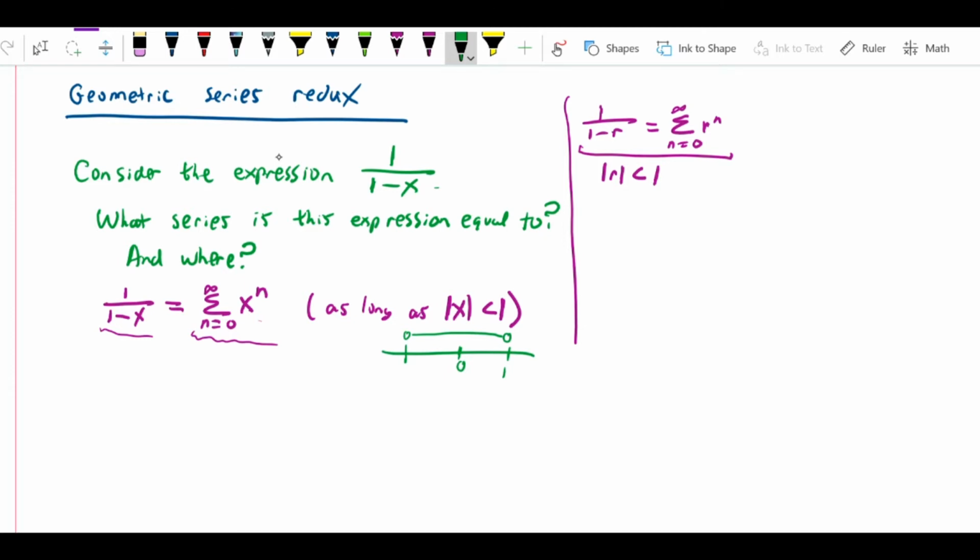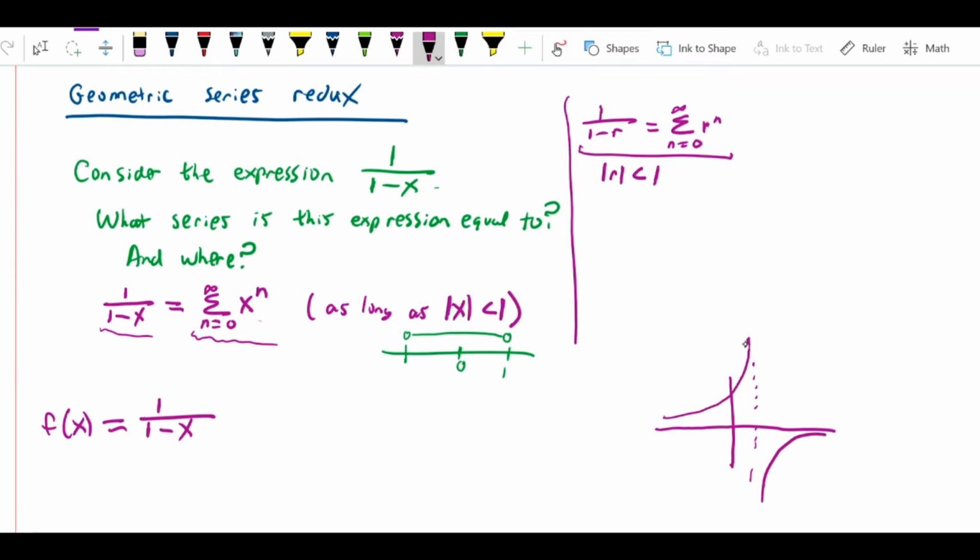The reason that we're revisiting the topic is, suppose I had told you, this is important enough, I want to put it in purple, that f of x is equal to 1 over 1 minus x. You'd recognize this as a function, right? In other words, this is the function that just looks like this. And what I could ask you is, what power series is equal to this function?